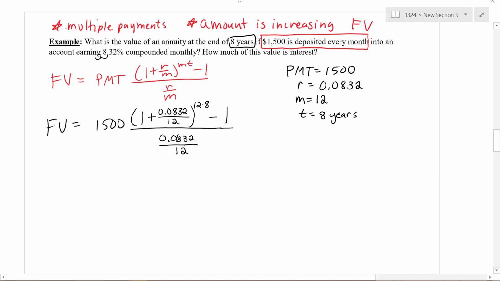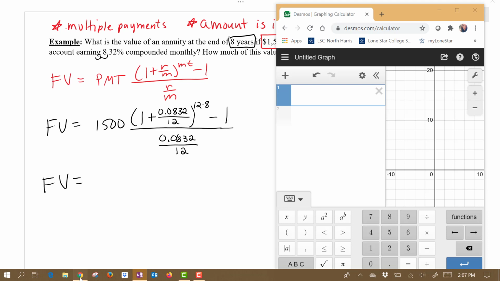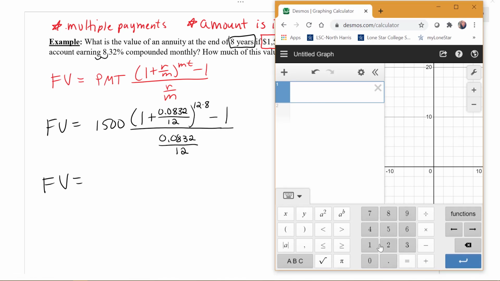Okay, so I plugged all of our values into the formula, and now I'm going to pull up Desmos and type it in and then calculate the future value of this annuity. So I'm going to raise that to the exponent power.